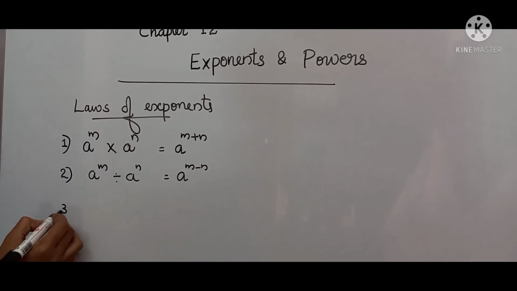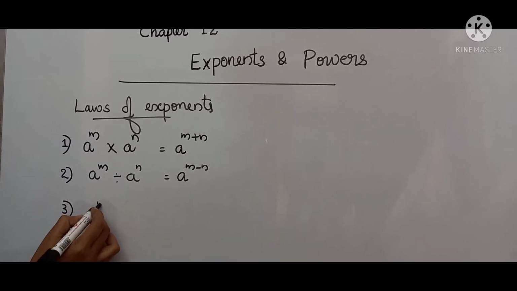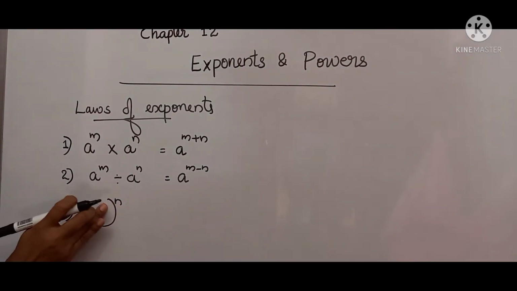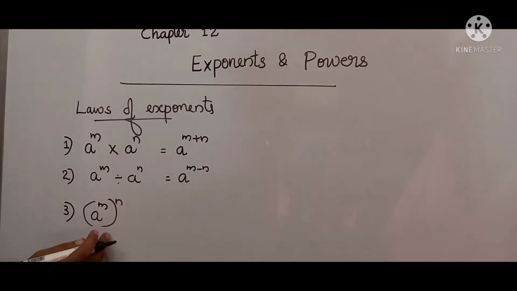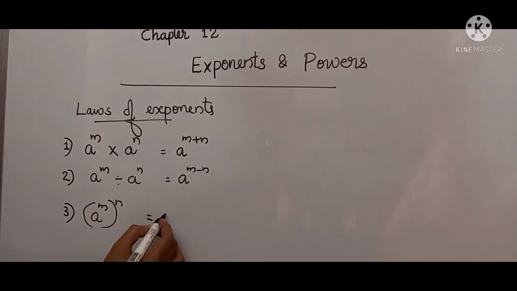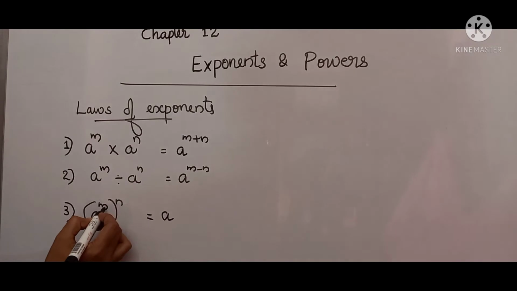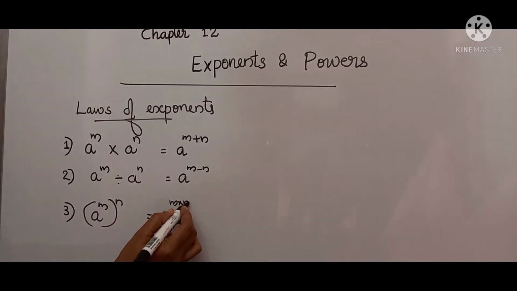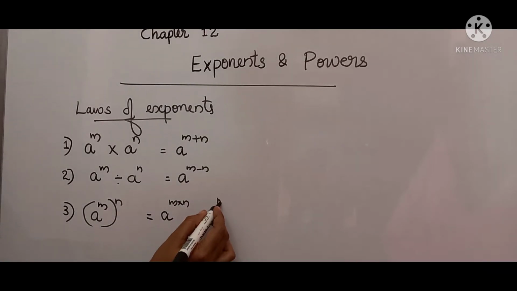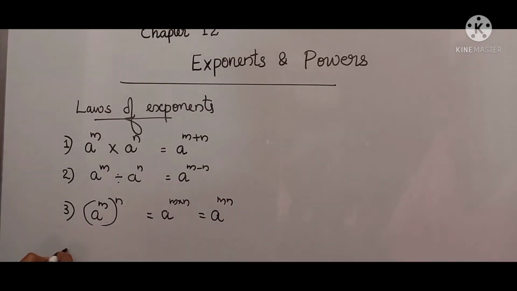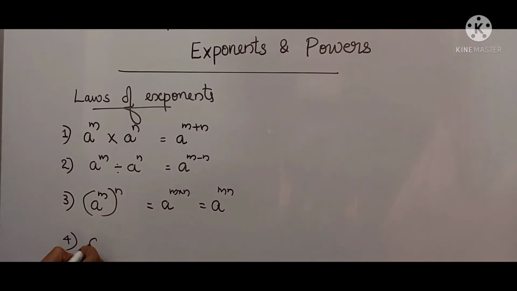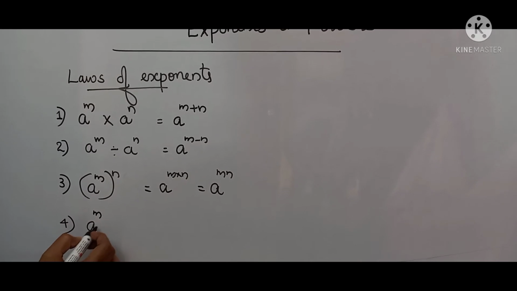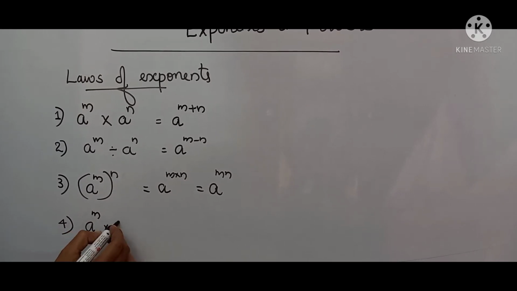The third one is a raised to m, the whole raised to n, power of a power. That is equal to a raised to the product of the powers, m into n, the same as a raised to mn. The fourth law is when the powers are similar, a raised to m into b raised to m.